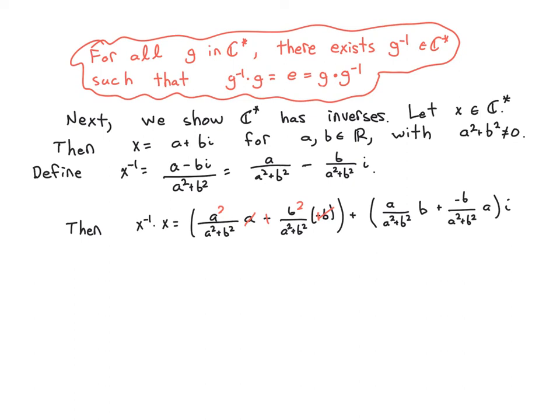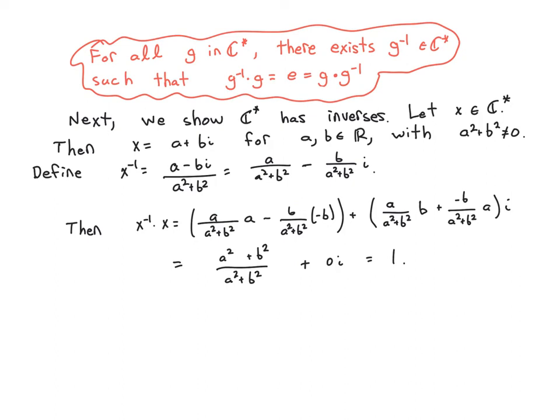So that first term looks like it's going to be a squared plus b squared over a squared plus b squared. On the other hand, over here, what do we get? Well, if you bring the b up into the numerator and the a up into the numerator, it looks like you get ab minus ab. So the imaginary part should be 0.